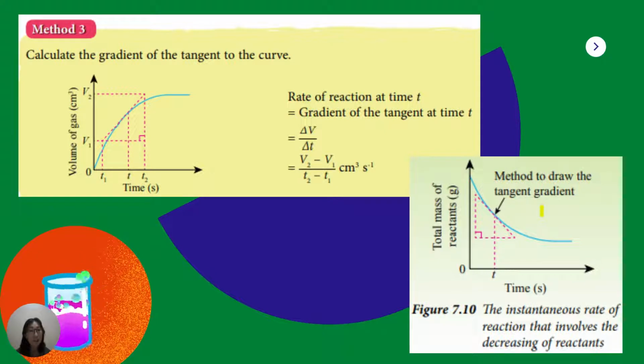Then you're going to get the instantaneous rate of reaction at the t second, and do remember to put the unit centimeter cube per second here. Figure 7.10 refers to the instantaneous rate of reaction that involves the decrease of reactant. If there is a decrease in reactant, you're going to get a graph which is a curve downward. Then the tangent will be drawn under the graph.